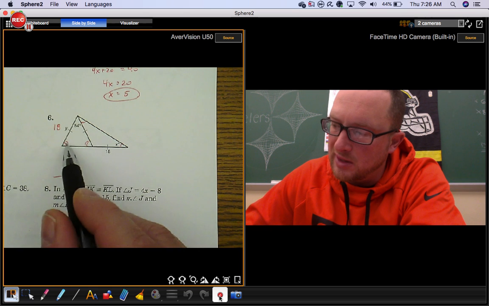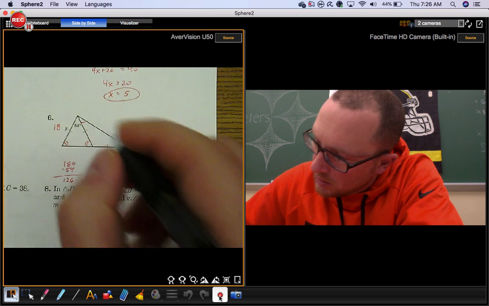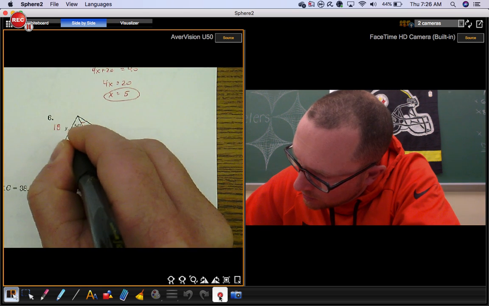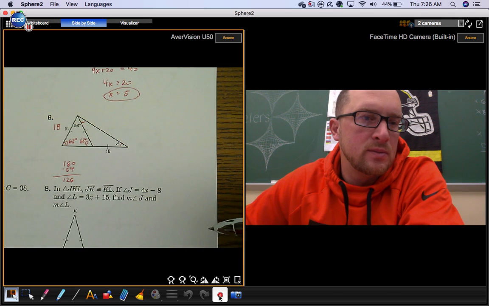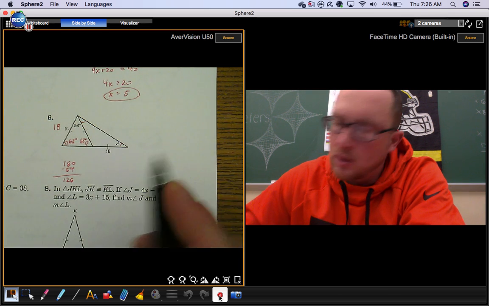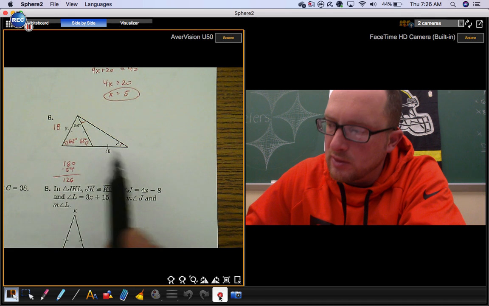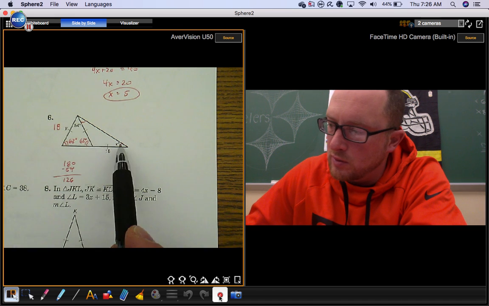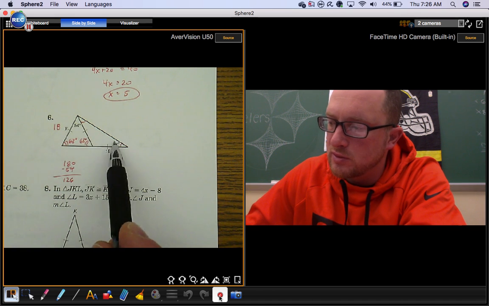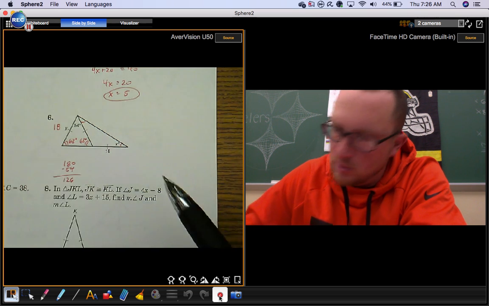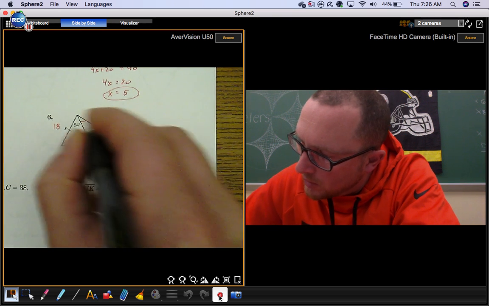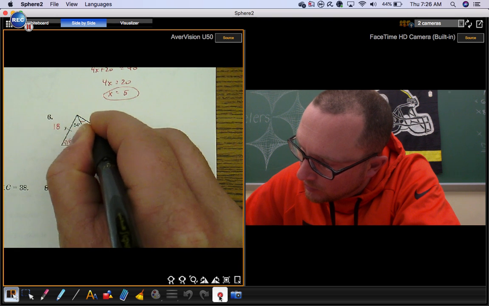You need to split that. So they're both 63 degrees. Now, this 63 degrees is an exterior angle for these two remote interior angles. Well, what's 63 divided by 2? I already did this one. That'd be 31.5.